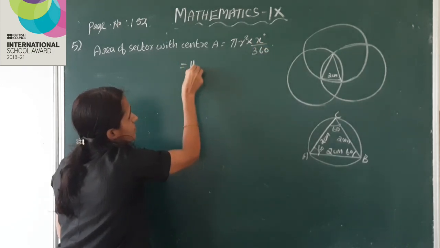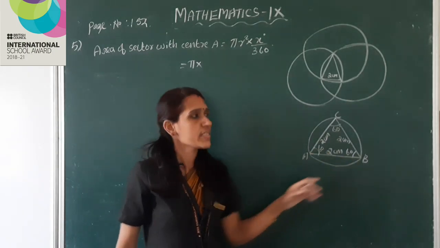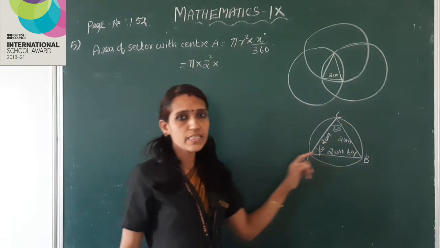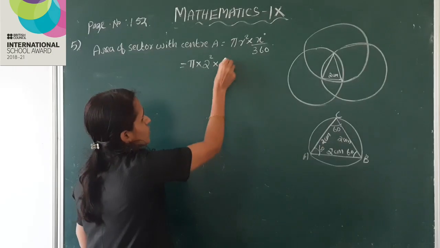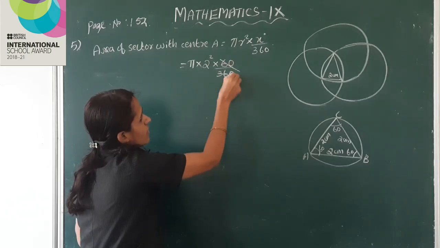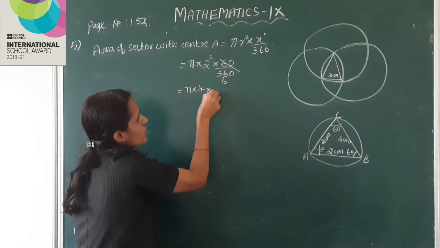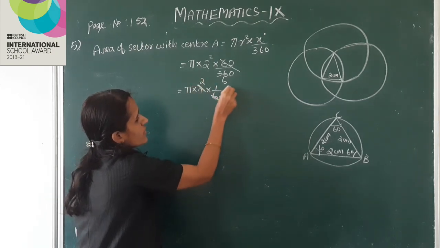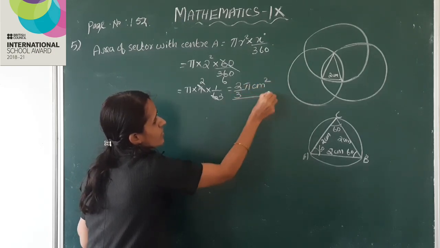Here r is 2 centimeter, so 2 square into x is 60 degree, since it is an equilateral triangle and all the angles are 60 degree. So 60 by 360. This is equal to pi into 2 square is 4 into 1 by 6, which is 2 by 3 pi centimeter square.